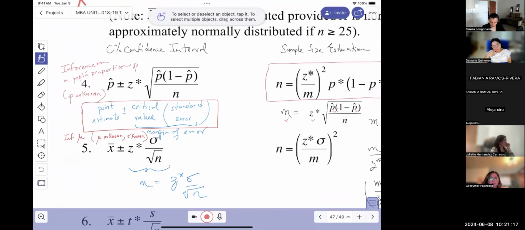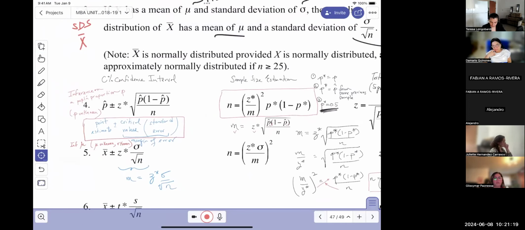Next step, next column, sample size estimation. This formula is derived by isolating for n in the margin of error part of the formula. So to apply this, again, you just plop in numbers, but understand the relationship. This looks like this formula, but remember, the one above is for proportion.